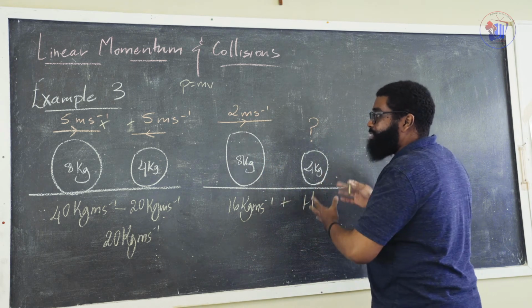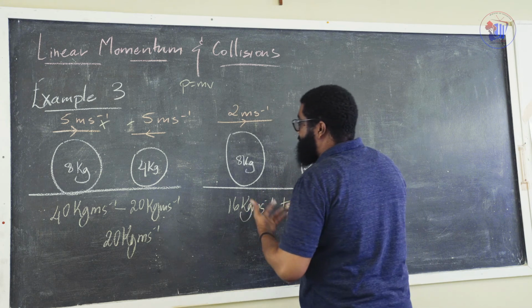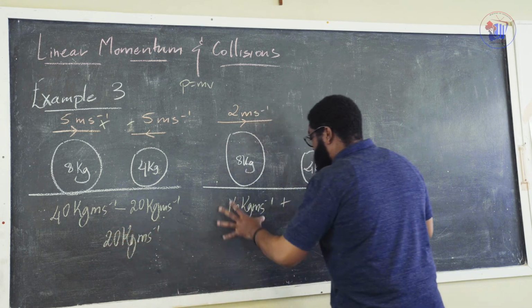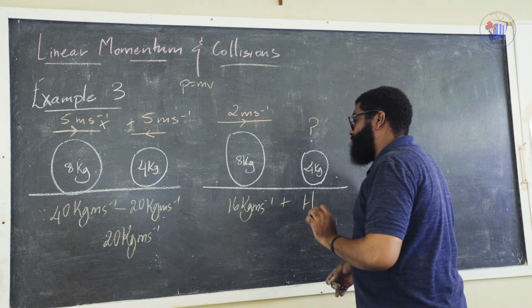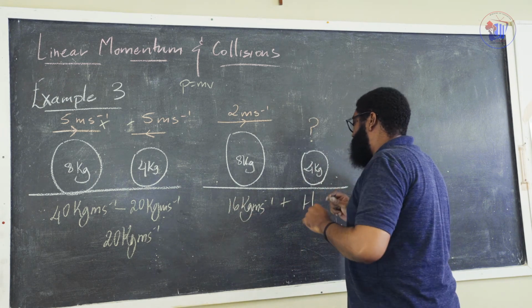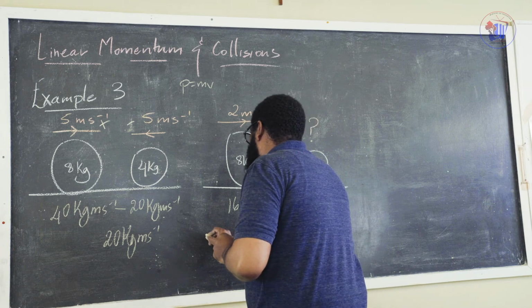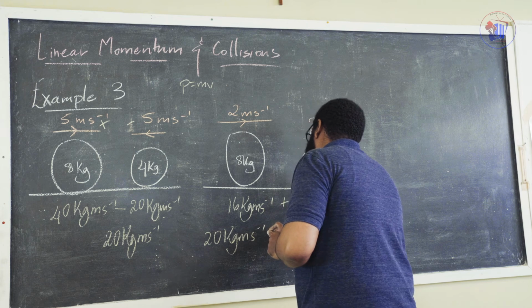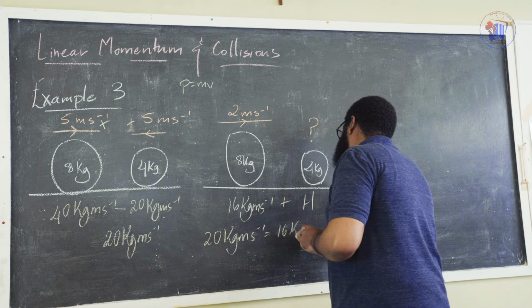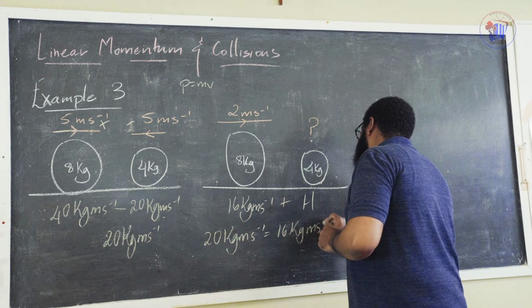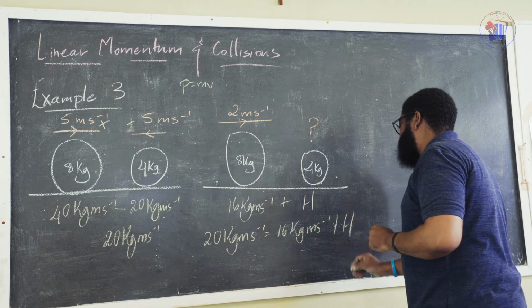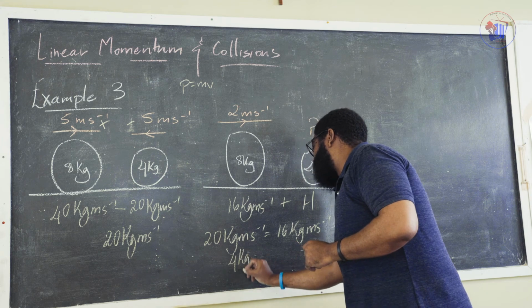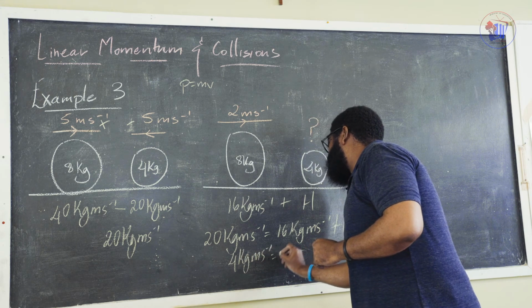Again, assuming this collision is elastic, by the principle of conservation of linear momentum, this 20 is equal to this 16 plus h. So, doing a little math, we quickly figure out that if 20 kilogram meters per second is equal to 16 kilogram meters per second plus h, it would imply that h is 4 kilogram meters per second.